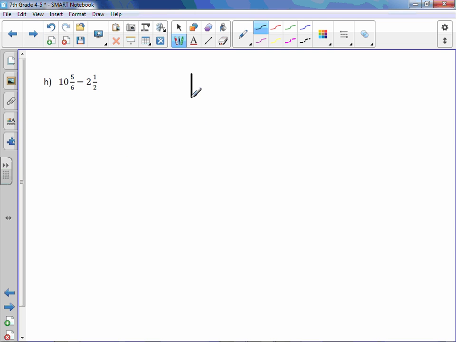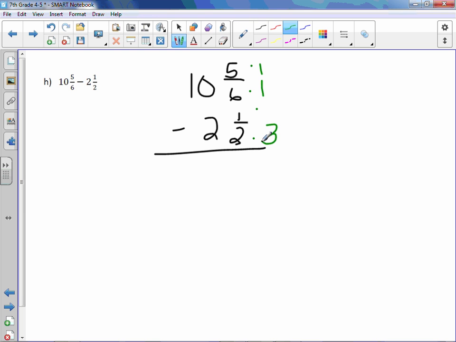Letter H. 10 and 5 over 6 minus 2 and 1/2. Our common denominator is 6. Multiply your first fraction by 1, your second fraction by 3.